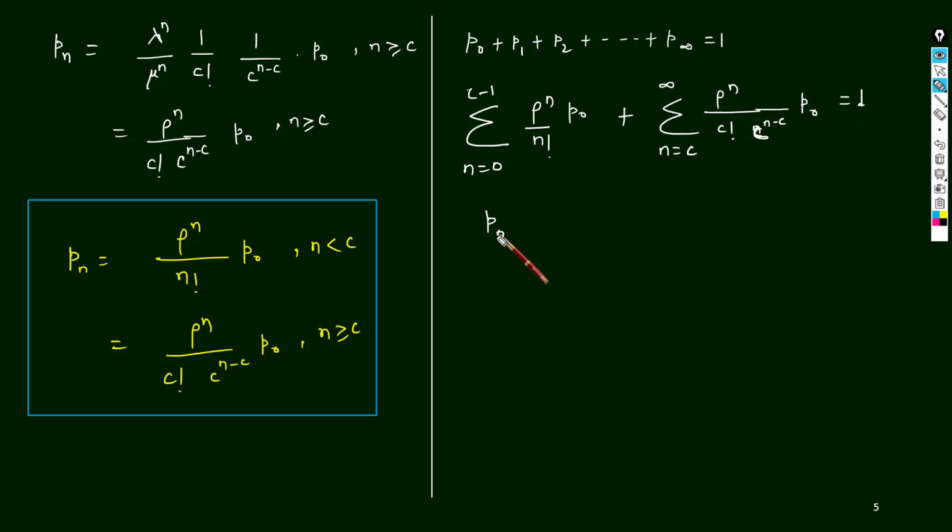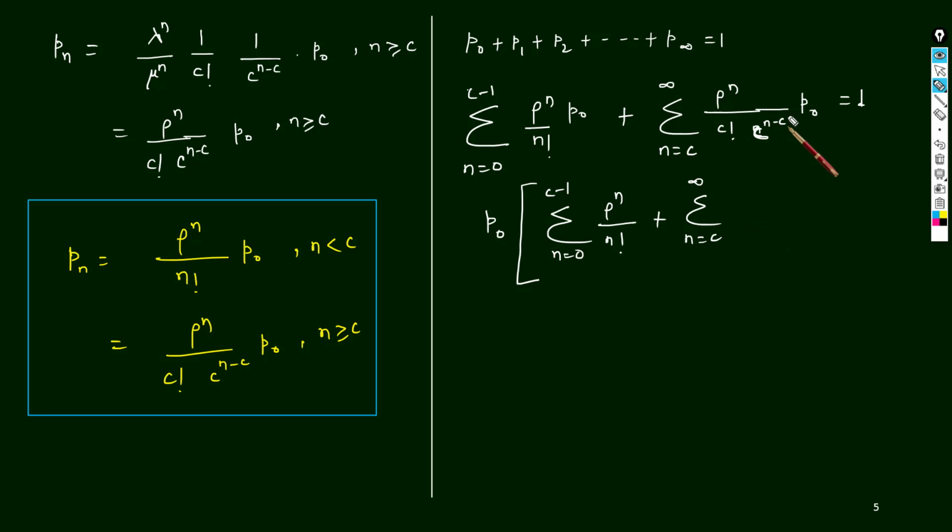Take out the p naught common, and now we will write n is equal to 0 to c minus 1, rho to the power n by n factorial. Okay, and plus n is equal to c to infinity.